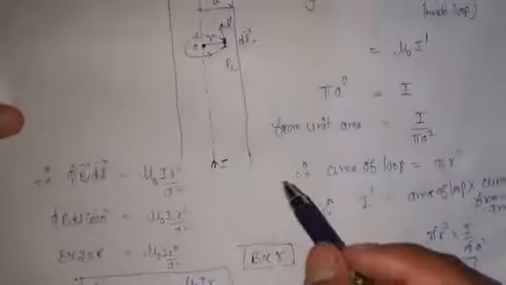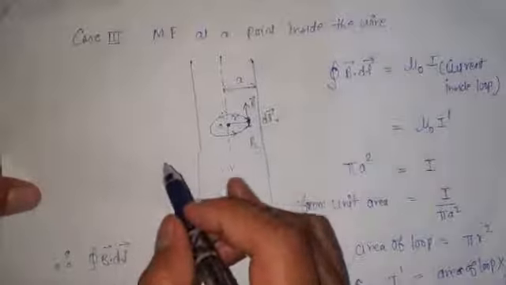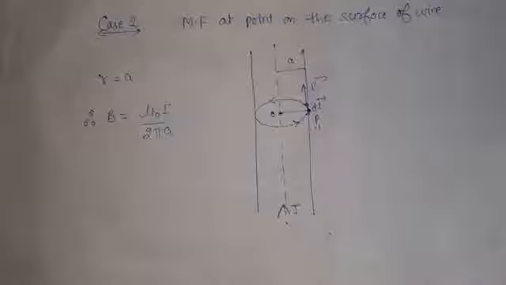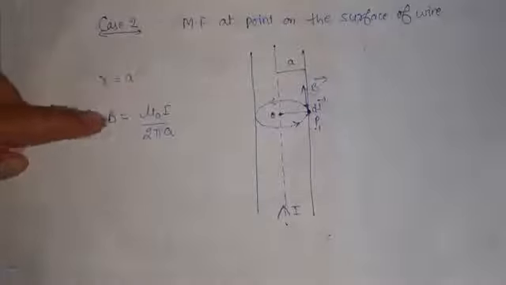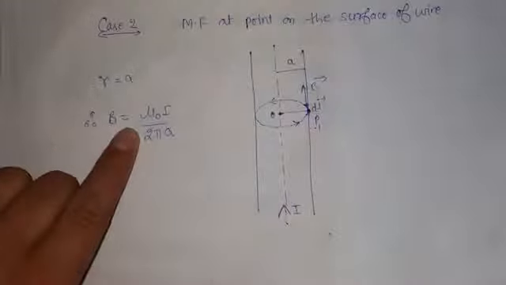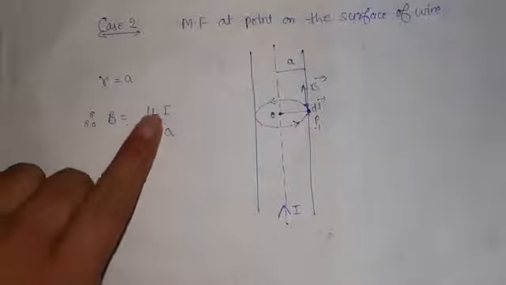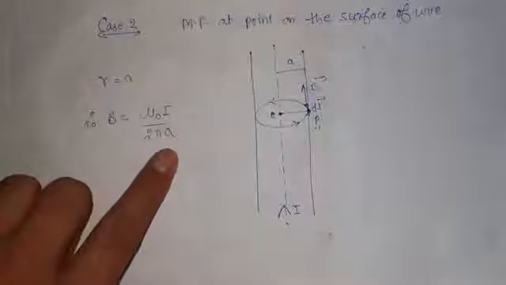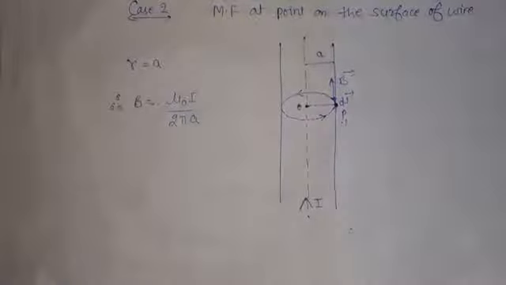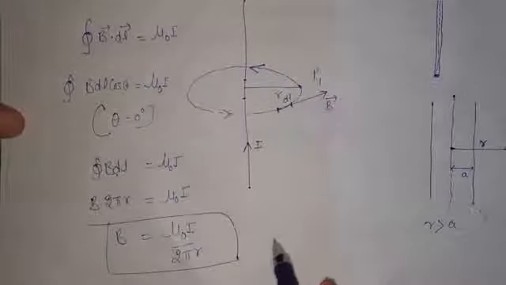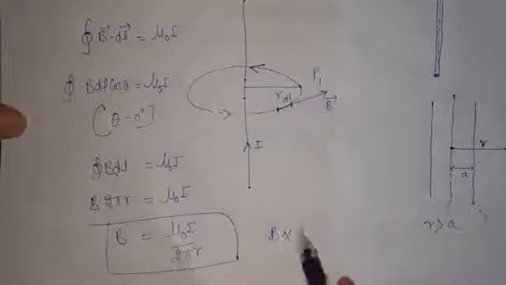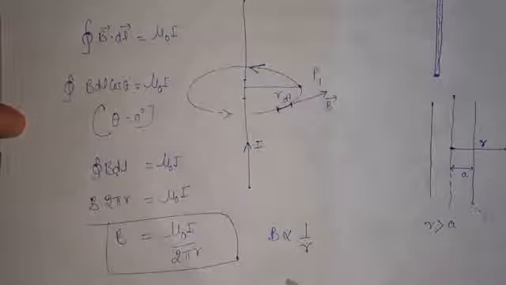And on the surface, as in our previous discussion, r becomes equal to a, and the magnetic field was equal to mu naught I upon 2 pi a, while the magnetic field which is outside was inversely proportional to r.